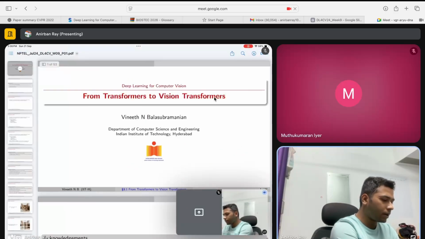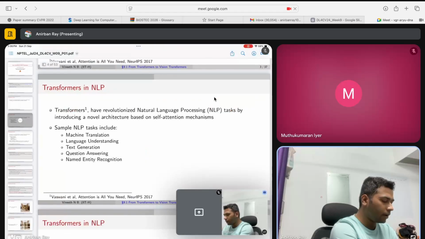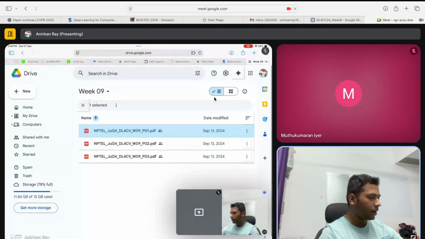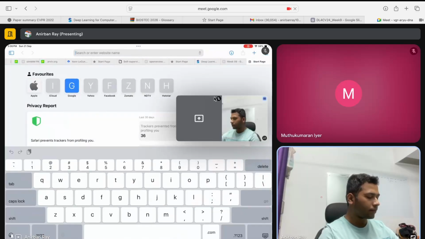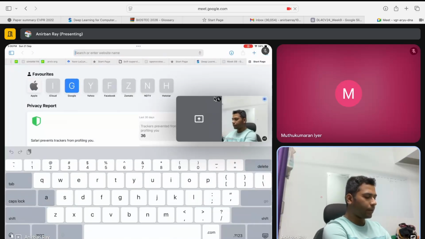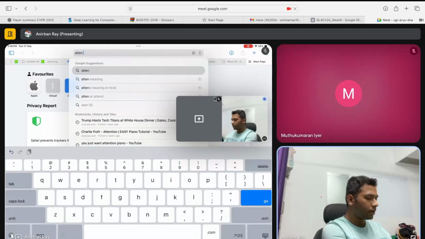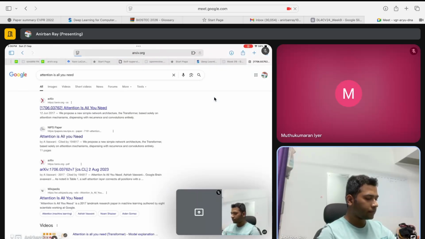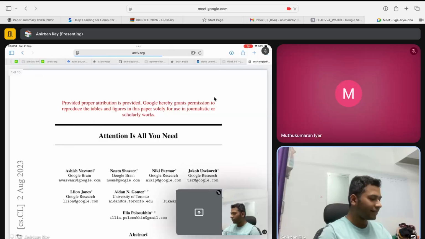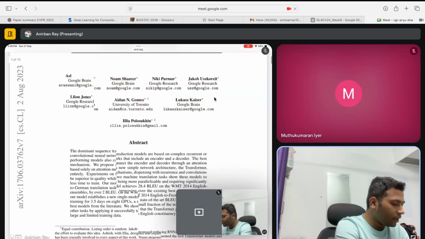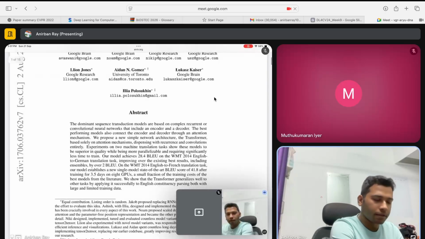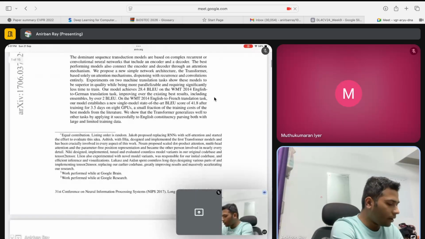Just for understanding, we first need to know the NLP transformer, the original transformer. The paper name is Attention Is All You Need, which introduced the transformer architecture for us.